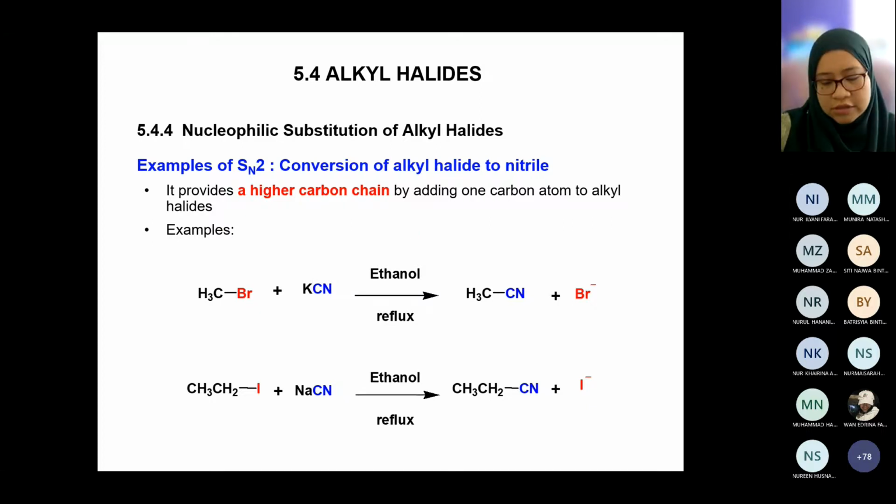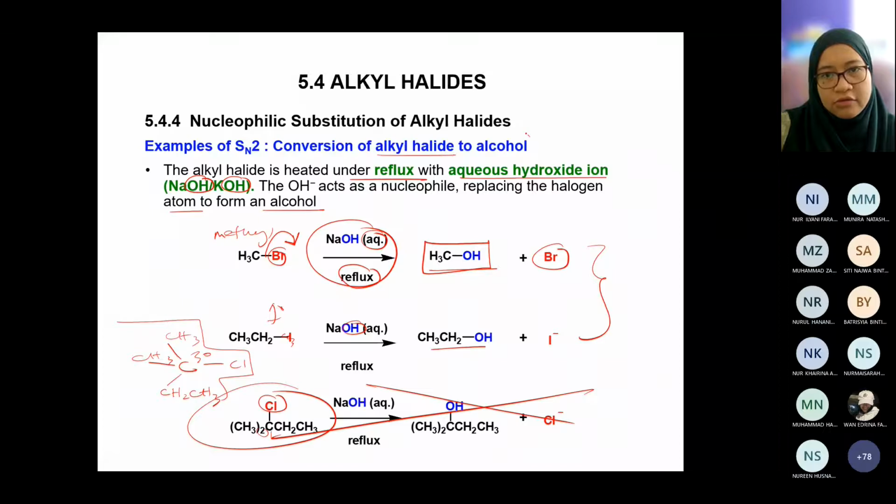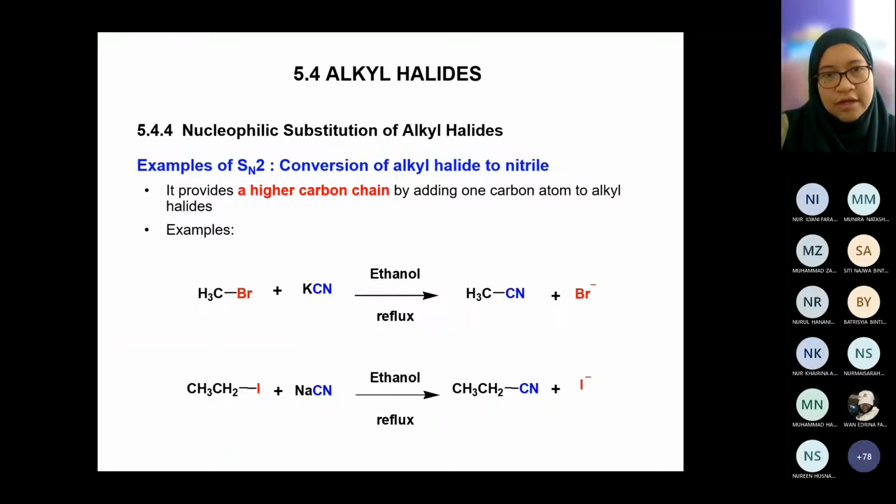This is the conversion of alkyl halide to alcohol. That means we are using OH as our nucleophile, because we want to convert into alcohol. Another way, we can also convert the alkyl halide by using nitrile, using CN minus as our nucleophile.